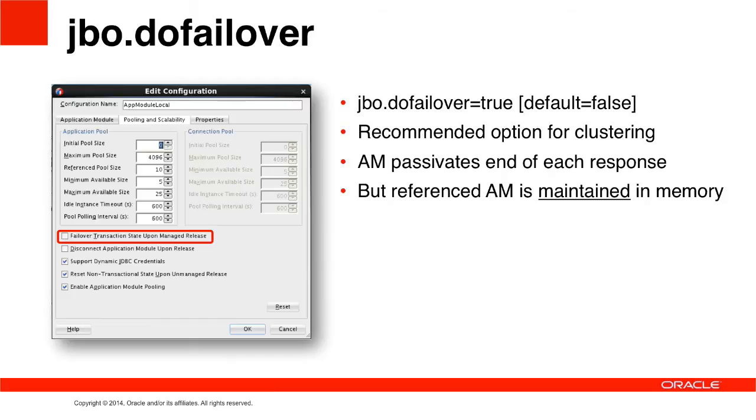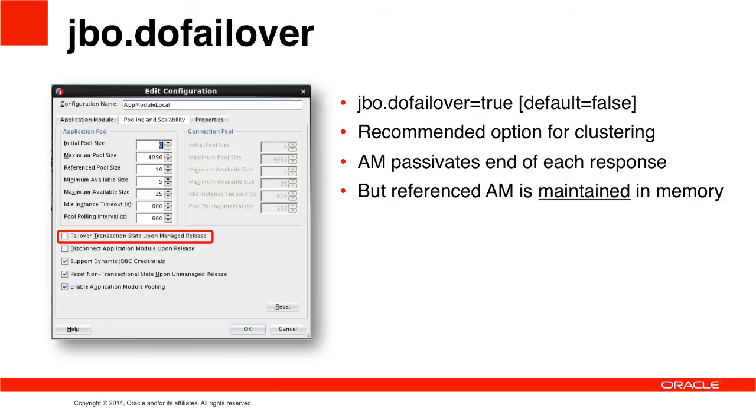Now, to be clear, if JBO.do_failover equals true and an application module is eagerly passivated to the database and remains in the application module pool as a referenced pinned AM to a session, on the next request for the session being received, it does not require activation as the referenced application module is still in the pool.